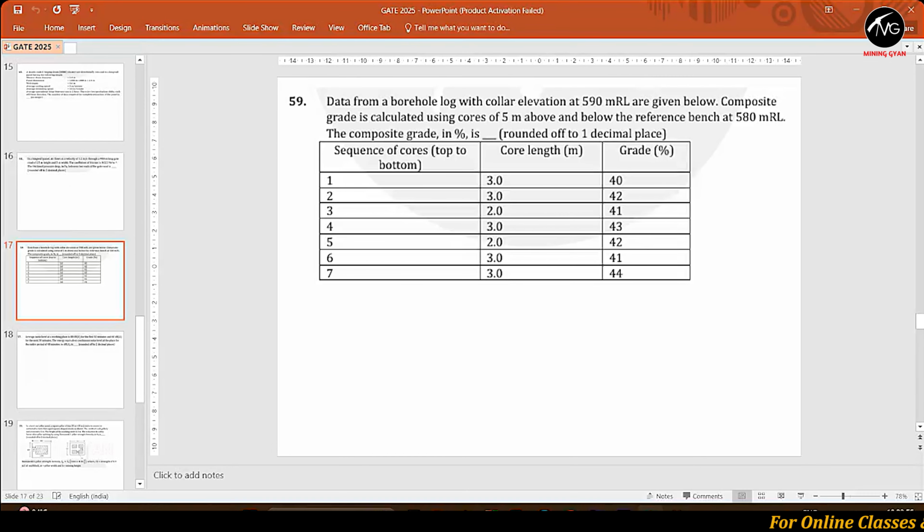Now, del FOS is FOS in first case minus FOS in second case.